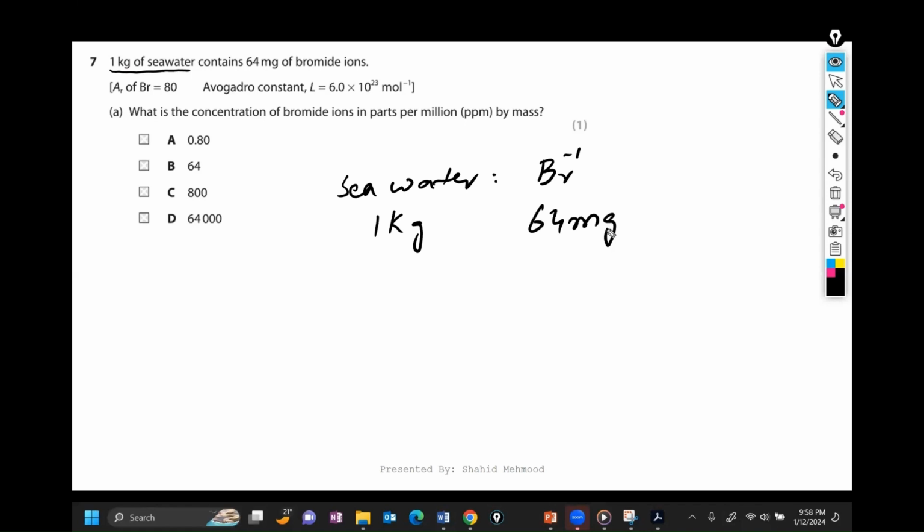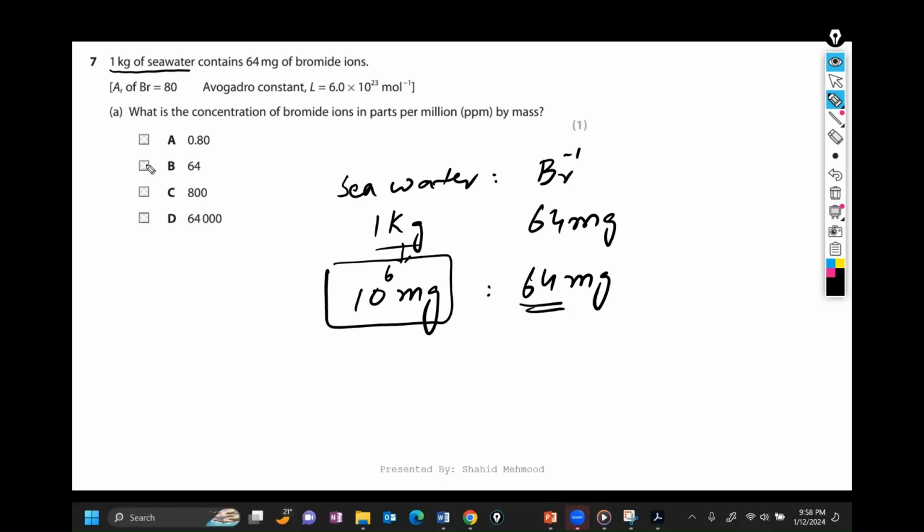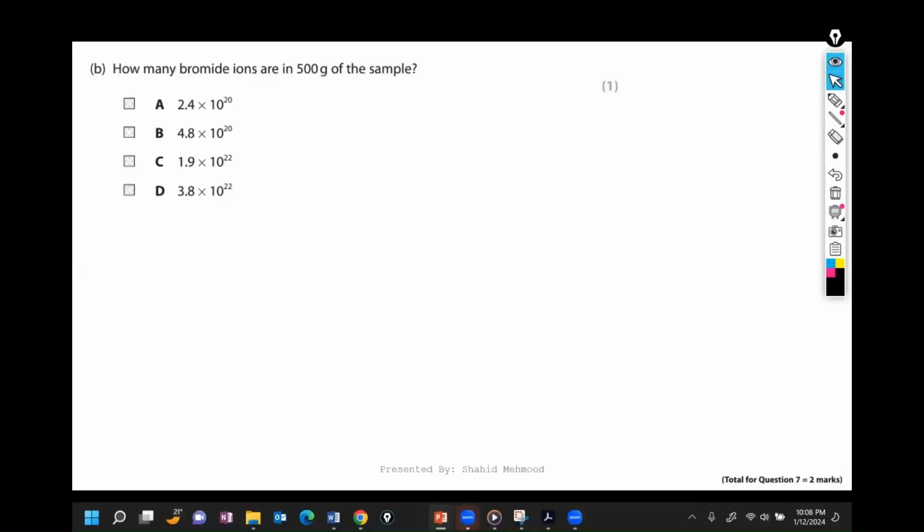The units are given in masses, but we have to make them equivalent. 1 kilogram is equal to 1 million milligram, while this is already milligram, so we reach our answer that in 1 million milligram, bromide ion present is 64. So the option is option B. Just change the units and bring them to the same unit, and you will reach the answer.